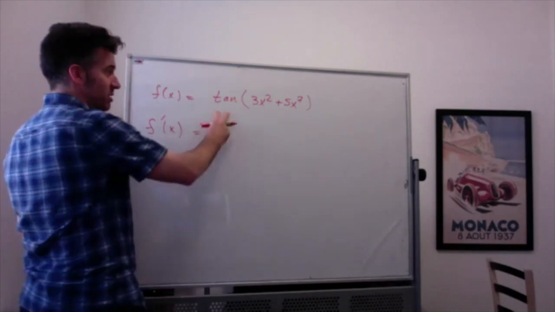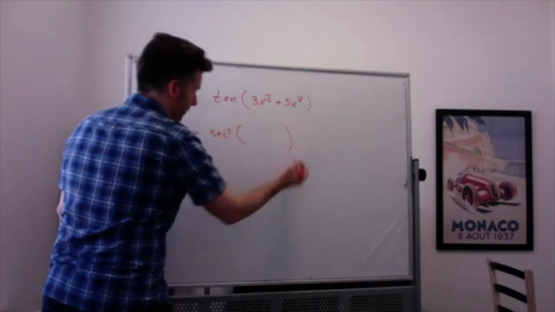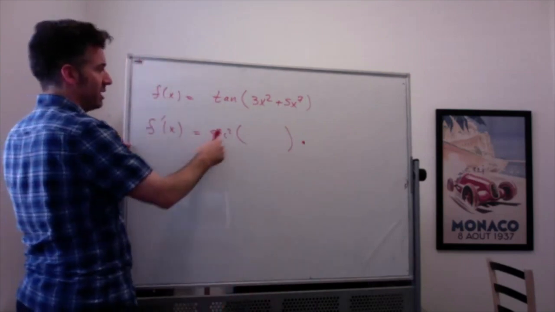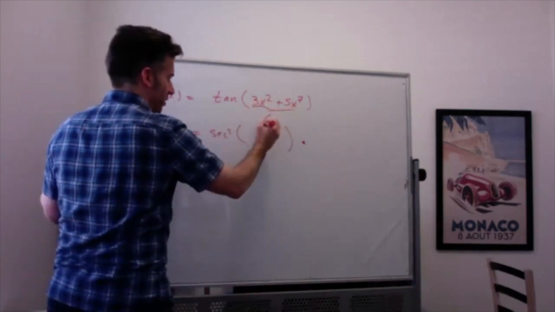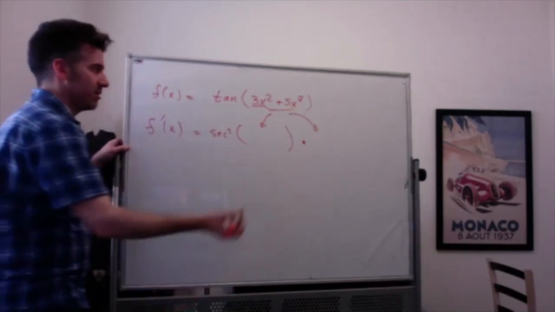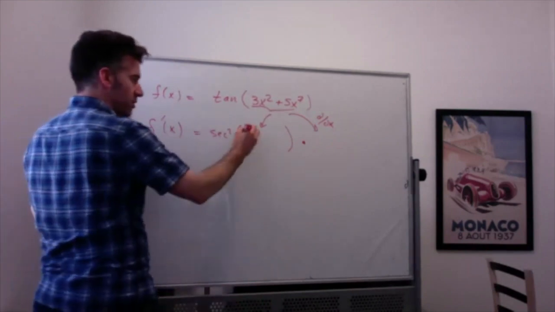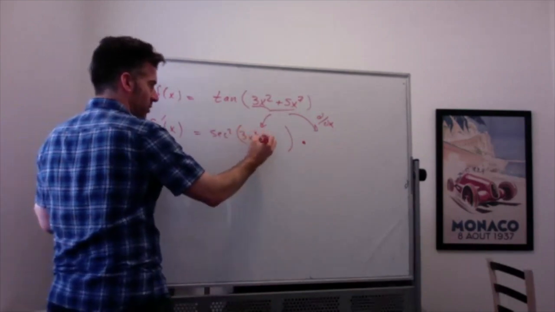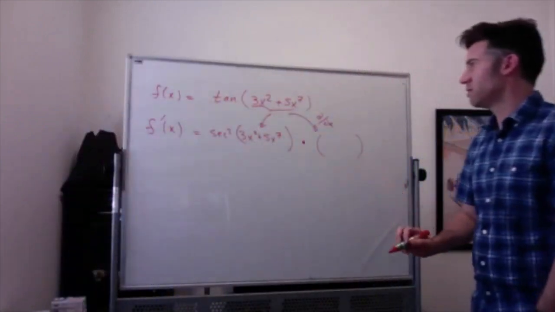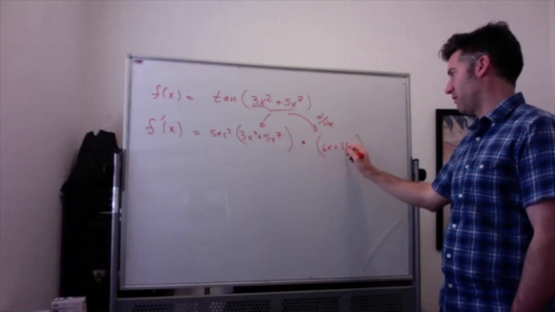So the derivative of tangent of some stuff is secant squared of that stuff times the derivative of that stuff. So it's secant squared of 3x squared plus 5x to the 7th times the derivative of that stuff, which is 6x plus 35x to the 6th.